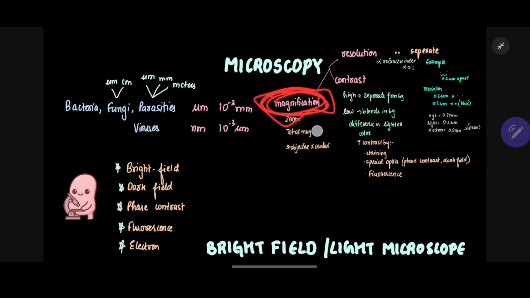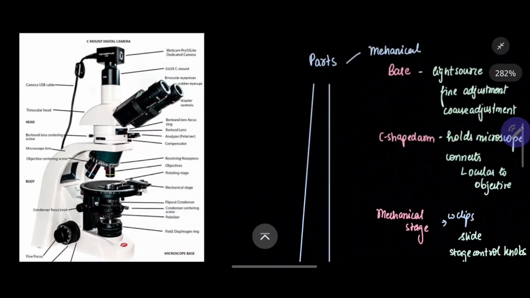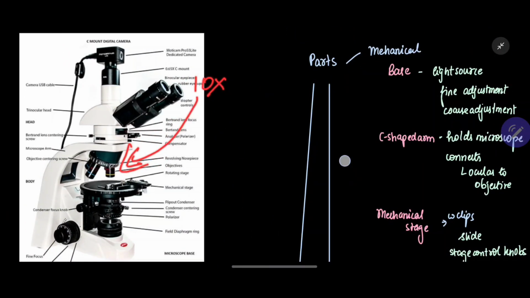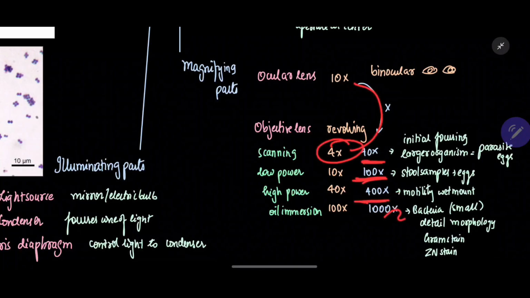And how do you calculate the total magnification? You multiply the objective and ocular. So when you multiply your 10 into 4, you get 40x, then 100x, 400x, 1000x, and so on.